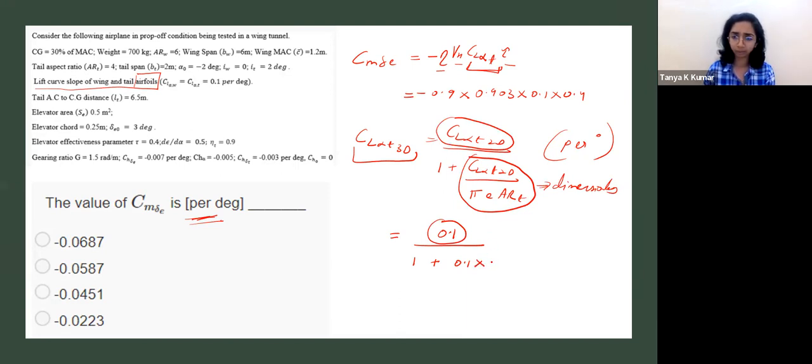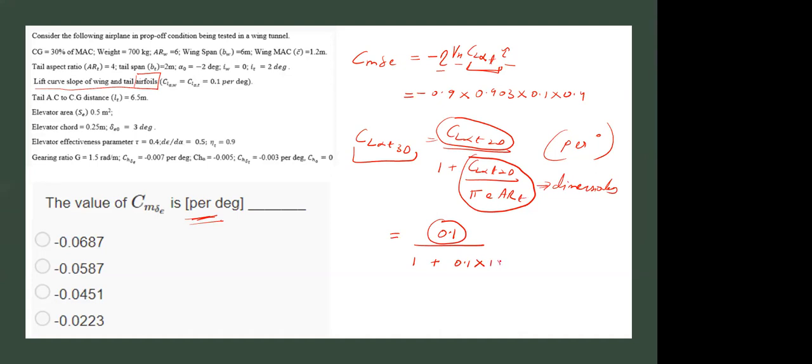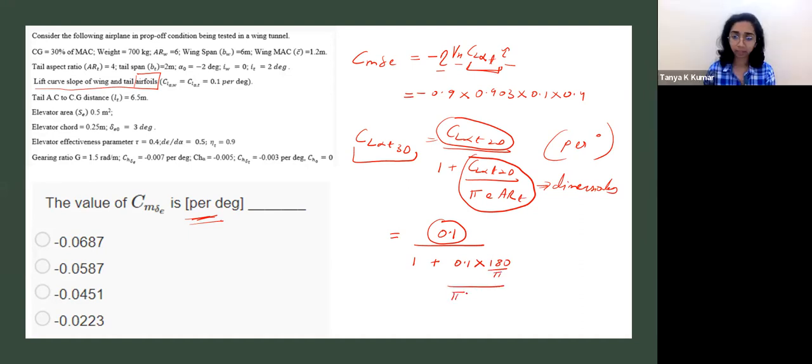What was the value? 180 by pi. Yes. By pi e, take e as 1 if it's not given. Pi e AR, AR of tail. It's 4.